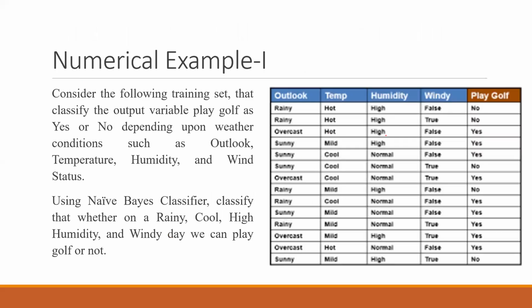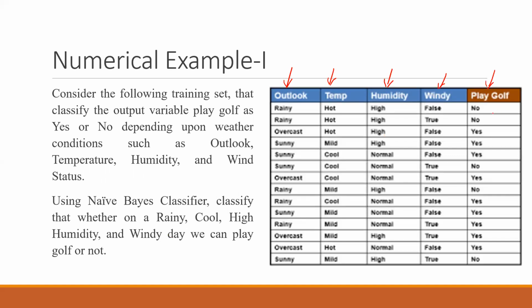It is a bit blurry, but I will quickly tell what it is. This is the outlook column. This is the temperature column. This is the humidity column. This is windy, and this is play golf. So the problem is binary. We have to decide whether we want to play golf or not. Mathematically, you have to solve everything and take the decision.